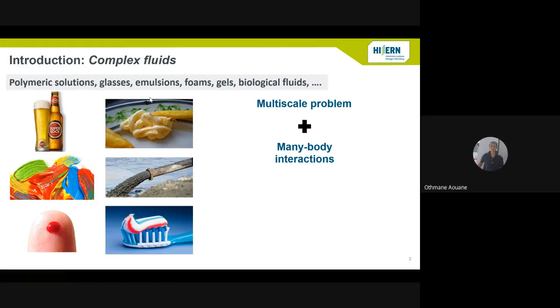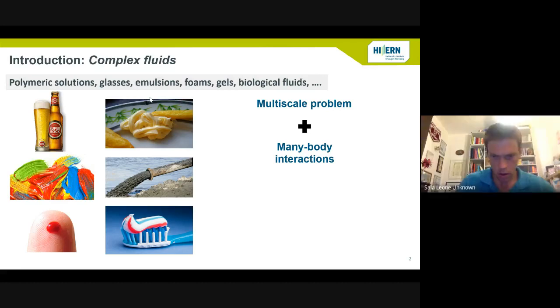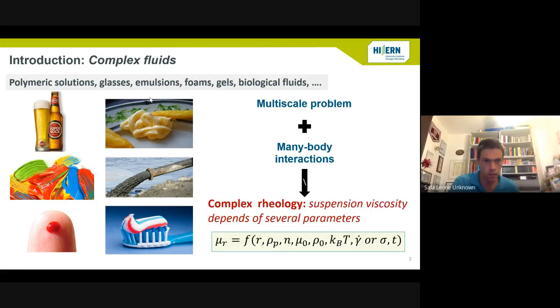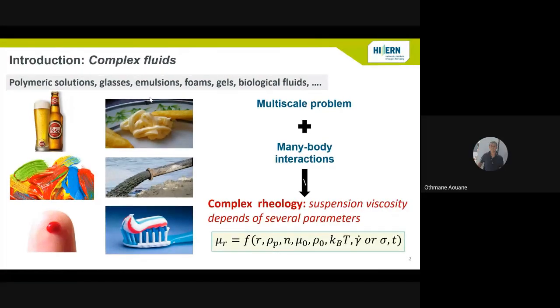They are termed complex, not just because of their composition, but also because of their rheological properties. It's a multiscale problem involving many-body interactions, and of course that leads to a complex rheology, where the viscosity is a function of several variables.